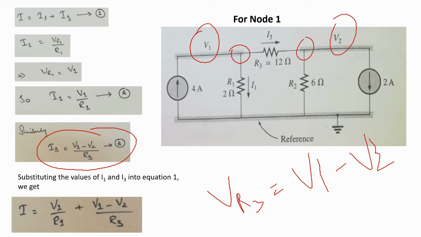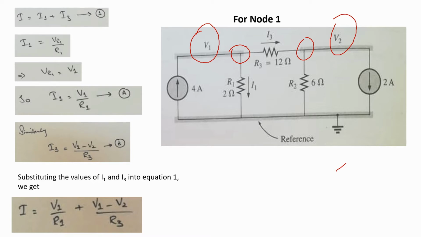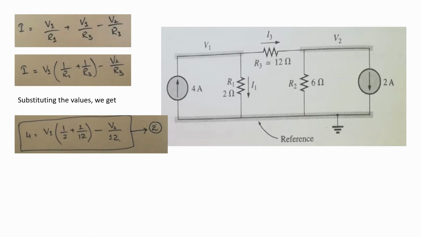Now substituting the values of I3 and I1 into equation number 1, you will get I is equal to V1 divided by R1 plus V1 minus V2 divided by R3. Now we will simplify that equation. I is equal to V1 by R1 plus V1 by R3 minus V2 by R3.